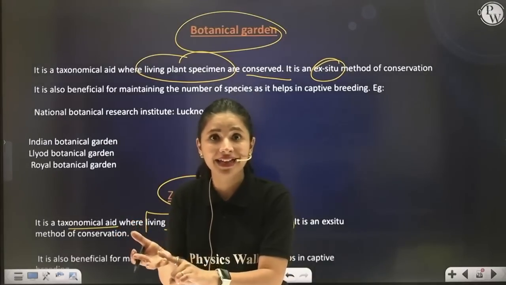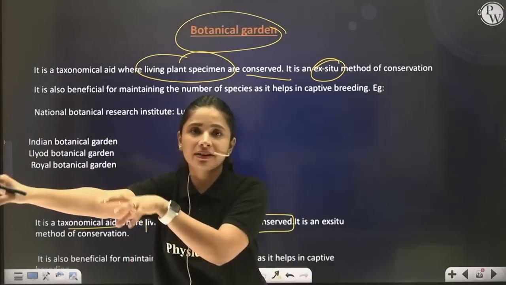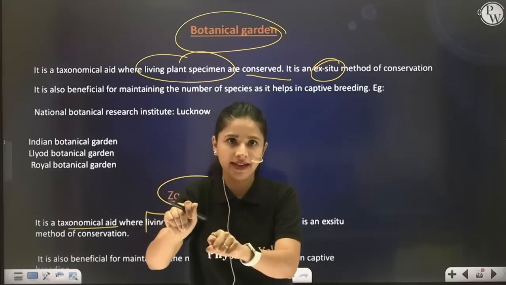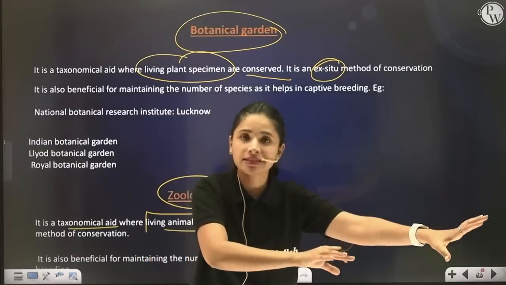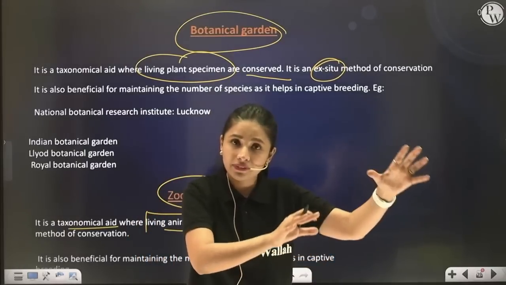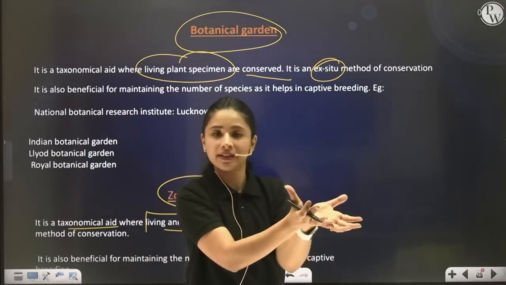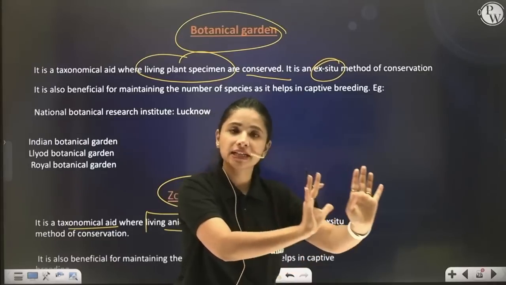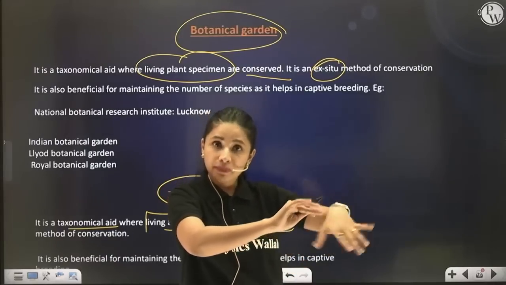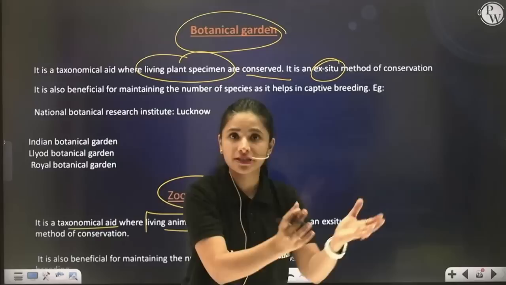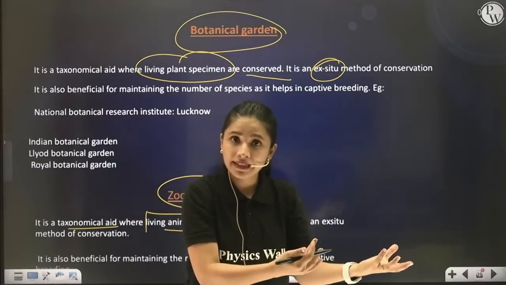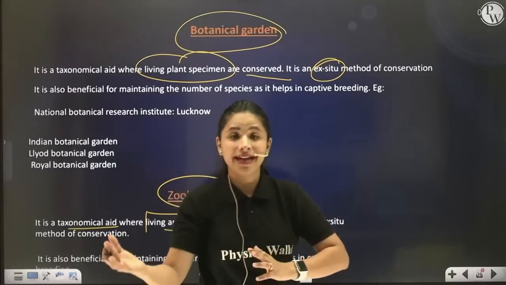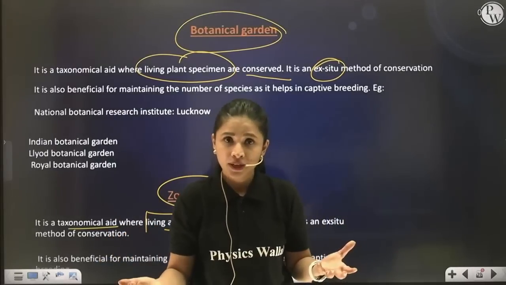So in that case, those innocent animals will be brought from that place and kept in some place where they will get their own natural environmental conditions and they will be conserved there. They will be made to reproduce in that space only so that their number can be increased, so that they don't become extinct or endangered, right?